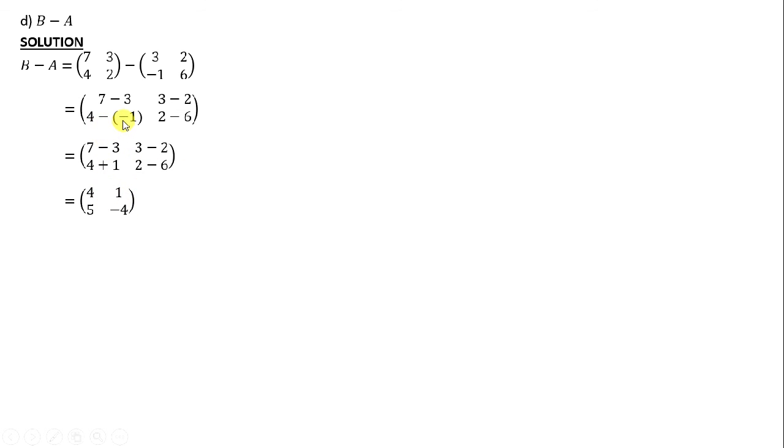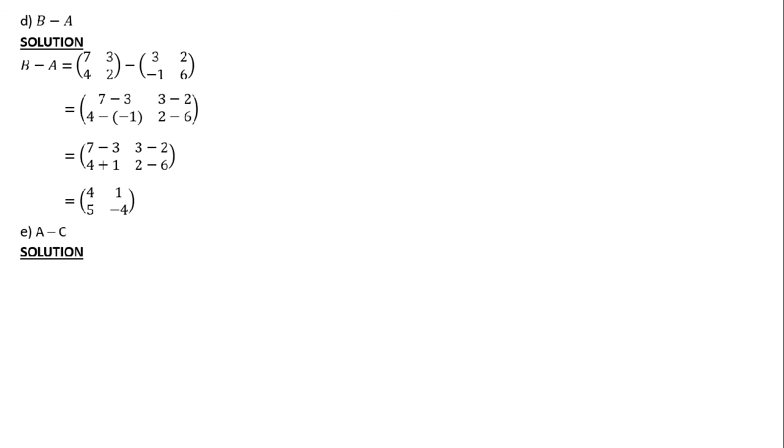When you have a minus and a negative, it is the same as a plus. It is the same as a positive. So we have 4 plus 1 is giving us 5. 2 minus 6 is giving us a -4. If you look at the answer for C and D, they are not the same because subtraction of matrices is not commutative. We go to our last example.